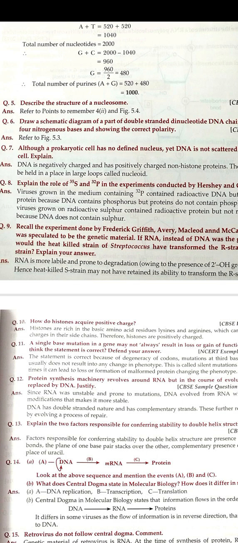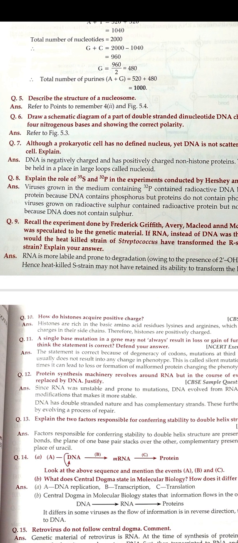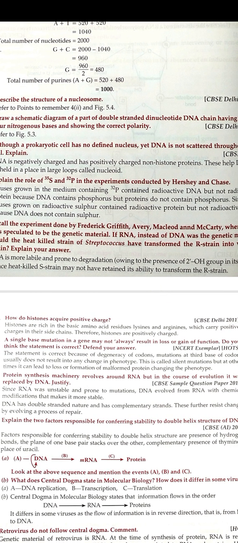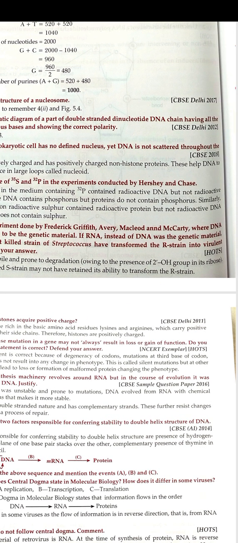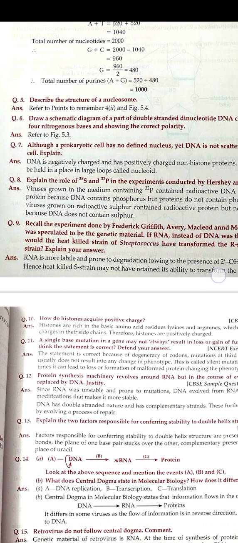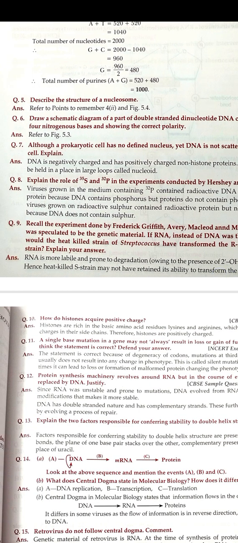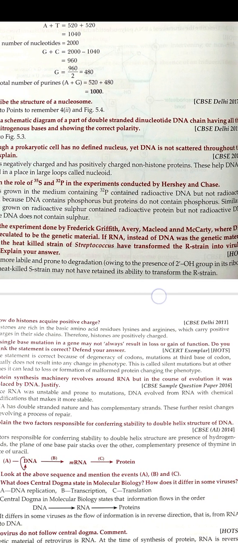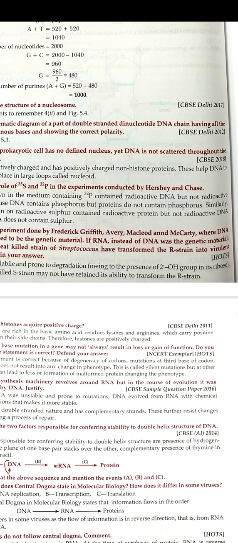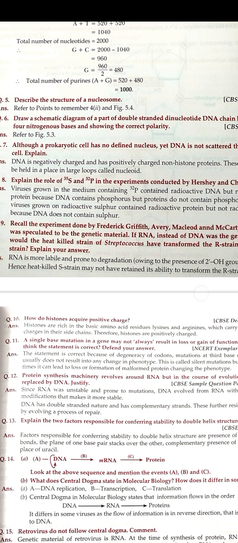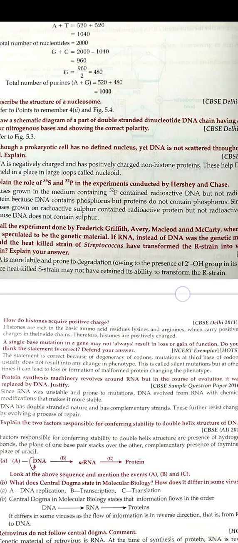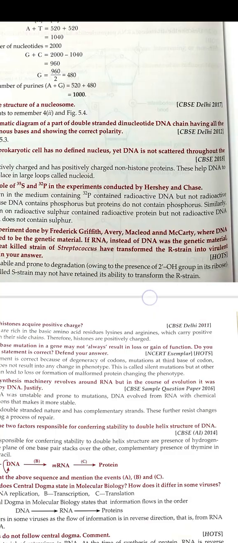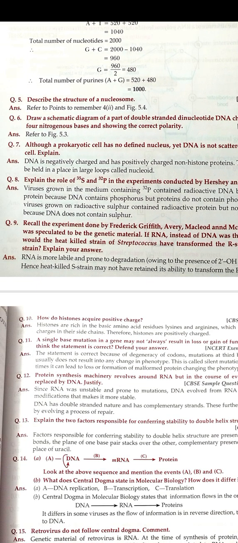Now next question number 9. Recall the experiment done by Griffith, Avery, McLeod and McCarty, where DNA was speculated to be the genetic material. If RNA instead of DNA was the genetic material, would the heat-killed strain of Streptococcus have transformed the R strain into virulent strain?